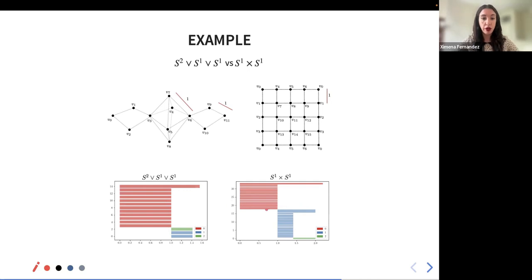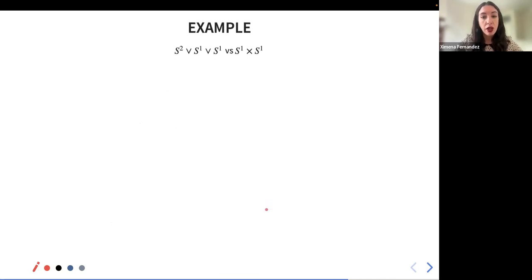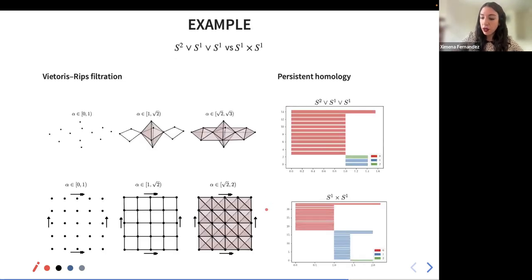And these are the persistent barcodes. In the example, we're going to use the Vietoris-Rips filtration. And something that I mentioned only very briefly is that I'm going to assume that all my complexes in the filtration are connected, to avoid the technicalities related to the base point.